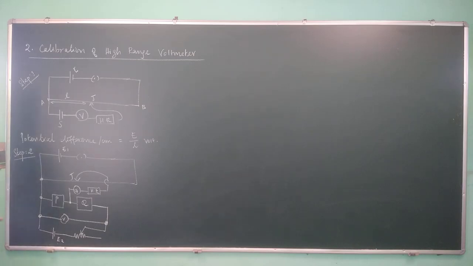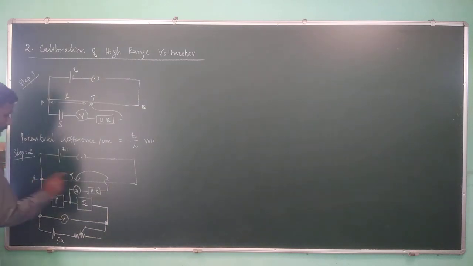Now we have to set the value of P and the value of Q in such a way that the potential difference across P should not exceed the potential difference between the points A and B, right?